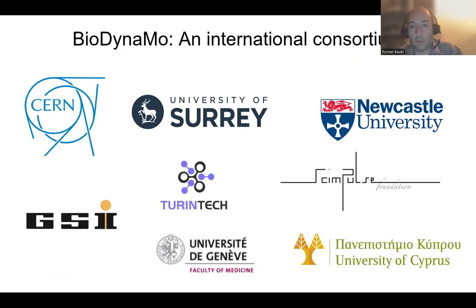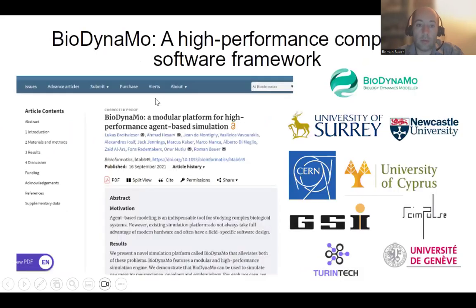So Biodynamo is an international consortium. I'm the spokesperson of this consortium, and we are currently 8 members. And we have created a software that allows to simulate highly detailed and sophisticated neuronal growth models, where we can really simulate biologically realistic morphologies and connectivity on a high level of detail.